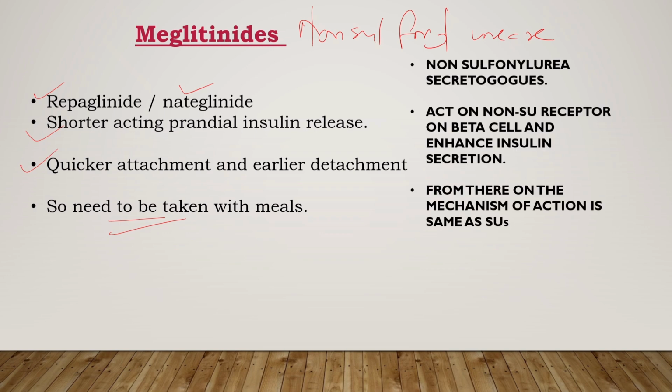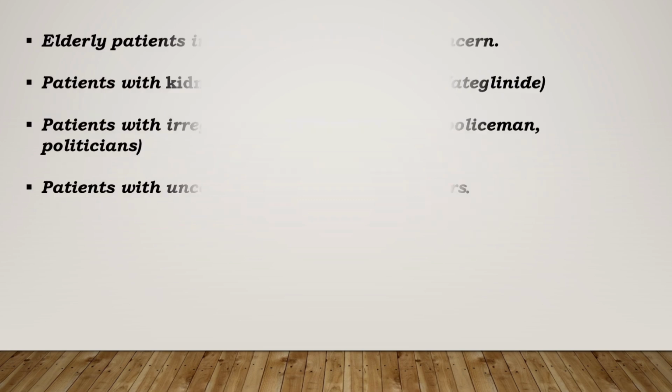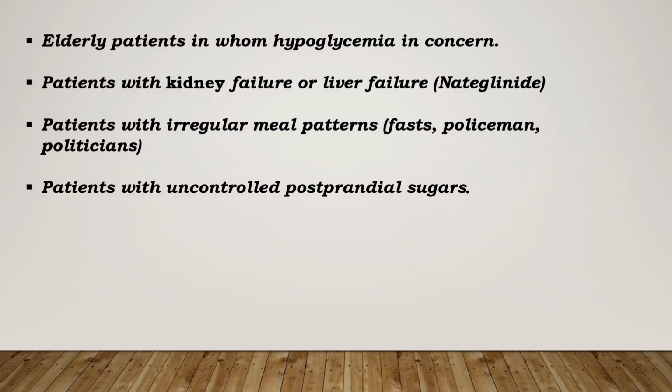The non-sulfonylurea secretagogues act on the non-SU receptor on the beta cell and enhance insulin secretion, and after that, the mechanism is the same as that of sulfonylureas. These drugs can be taken in the elderly in whom hypoglycemia is a concern. In patients with kidney failure or liver failure, nateglinide is a choice, as well as patients with irregular meal patterns, like people who are fasting, policemen, politicians, etc., and people with uncontrolled postprandial sugars.